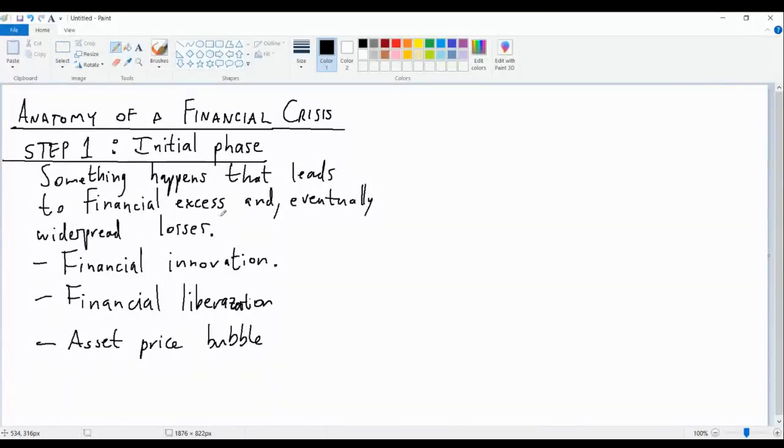Another possibility, and there was a recession in 2001. I guess it didn't cause a financial crisis in the end, but there was a major recession in 2001. There was probably a stock market bubble before that. There was all this hype about, this is when companies like Amazon and so on were just being born, and people were freaking out, saying we had entered a dot-com bubble. We'd entered this new economy where stock prices would rise much faster and economic growth would accelerate, all because of these new internet technologies.